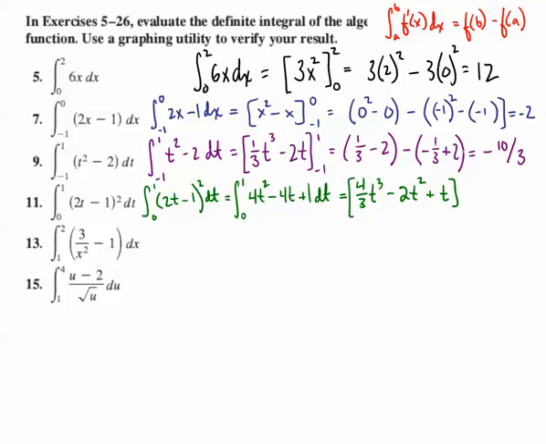We put our limits of integration on the outside, and we're ready to evaluate. At 1, I'm going to get 4/3 minus 2 plus 1, and at 0 everything goes away, so it's 0 minus 0 minus 0, and we end up with 4/3 minus 1, which should give us a value of 1/3. And we'll bring in the calculator to verify that.